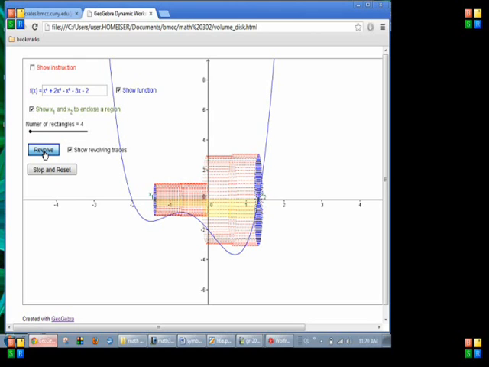Or another way to think of this is, what is the cross section? What's the area? It's a circle. So every cross section is a circle, and the area, of course, is pi r squared. And what's r going to be?